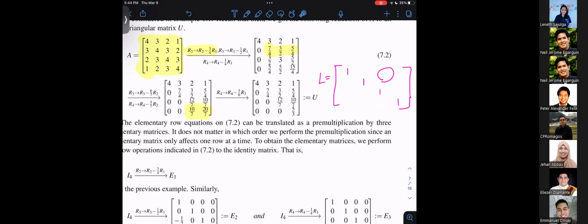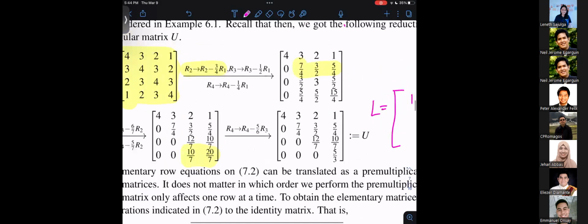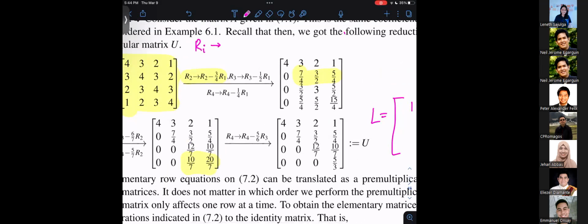So for instance, you look at this elementary row operation. This translates the second row by a multiple of the first row. So that means this multiplier, 3/4, right? Because the form that I have in the remark earlier is R sub i being replaced by R sub i minus c R sub j, and I'm looking for the value of c.